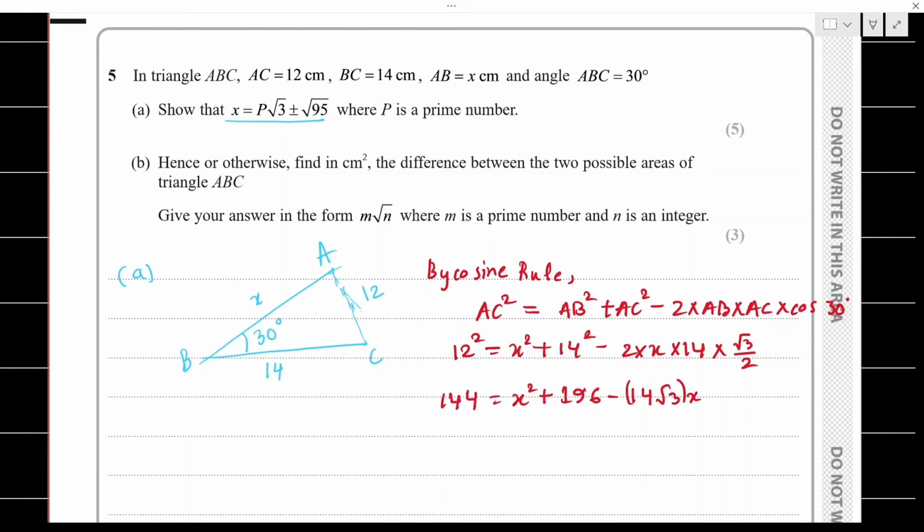From this equation, we can see that we have two x variables here, and the highest power of x in this expression is x squared. So from this, we can know that this is a quadratic equation. So in order to find a solution for x, we need to solve this quadratic equation. At first, I will bring all the terms to the left.